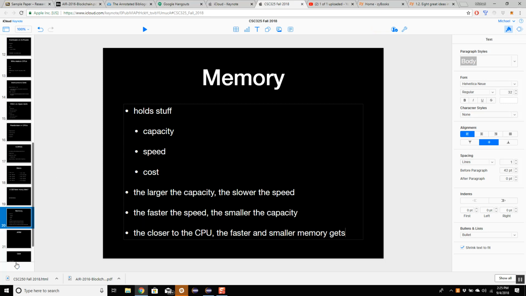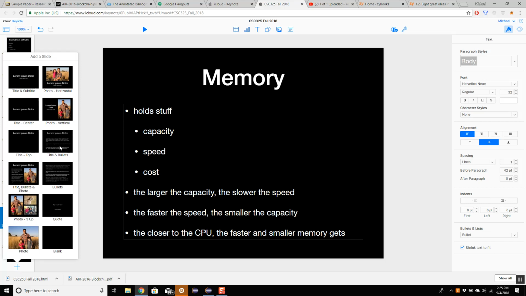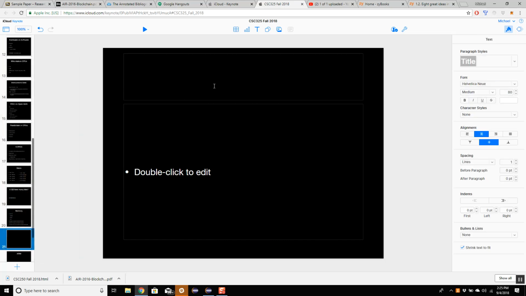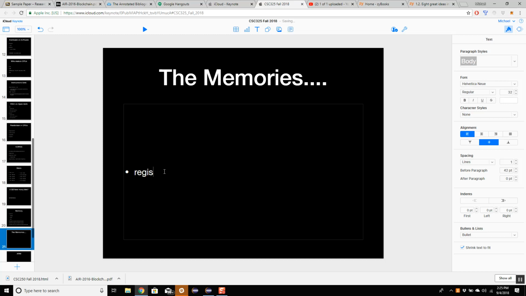I'm just going to give us one slide here, the memories. From the CPU, we have something called a register. Super fast. These are like 8-bit, 16-bit, 32-bit, 64-bit registers. These are really fast. These are connected to the CPU.